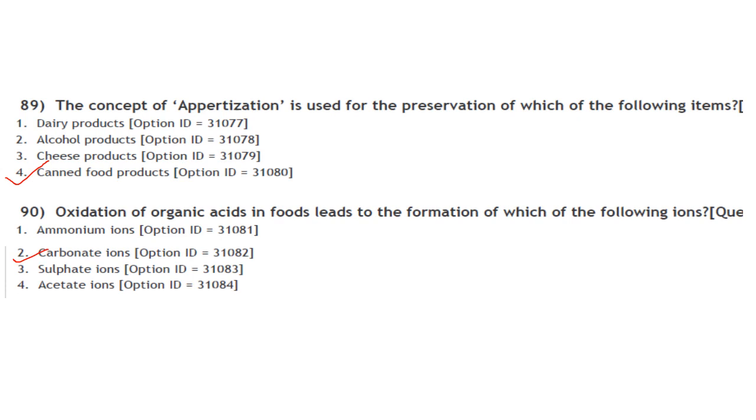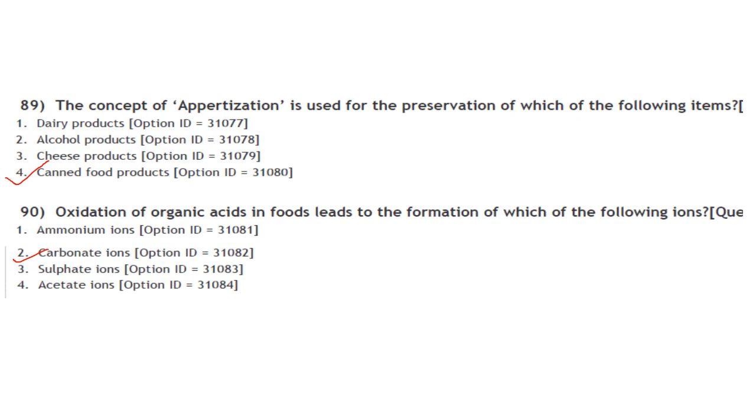The concept of appertization is used for the preservation of which of the following items? So appertization refers to the process where the only organisms that survive processing are non-pathogenic and are incapable of developing within the product under normal conditions of storage.